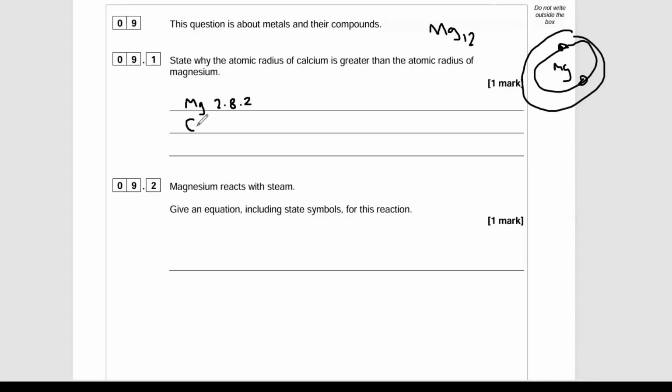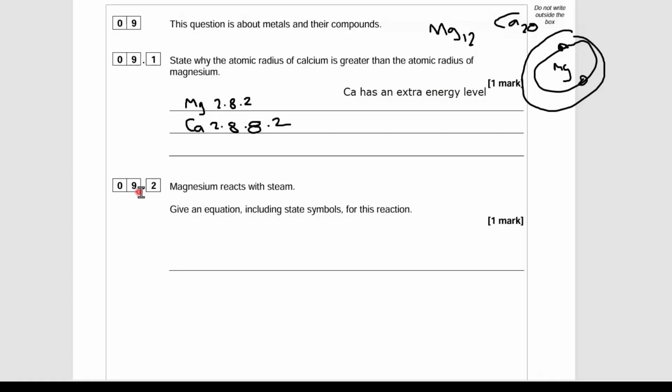Let's check out the size of calcium: 2, 8, 8, 2, and that's because calcium has an atomic number of 20. So you can see it has an extra energy level and therefore it's larger. So we just need to say Ca has an extra energy level. It's in another period, down the group, so it's larger.